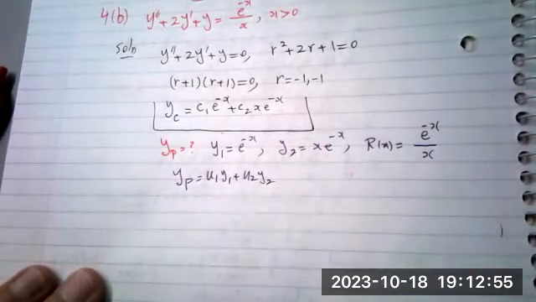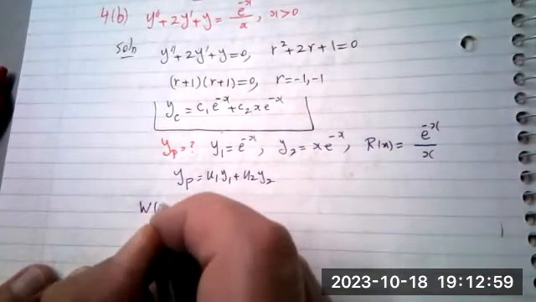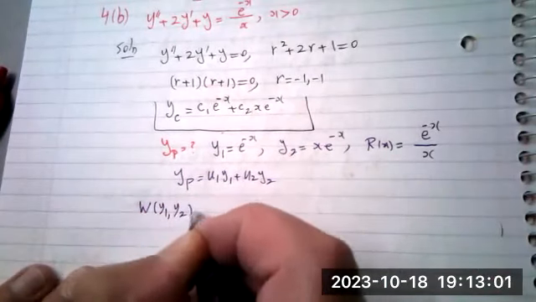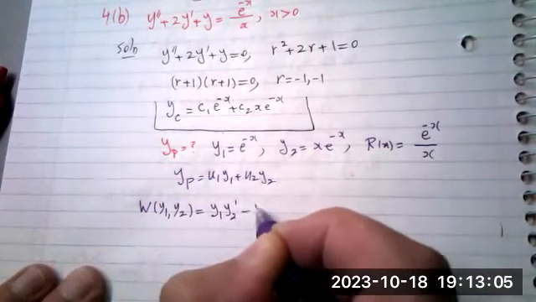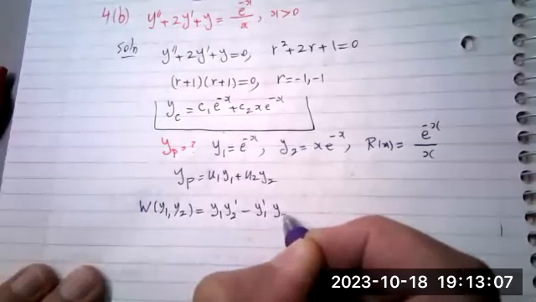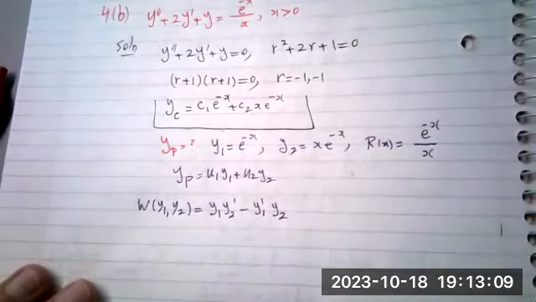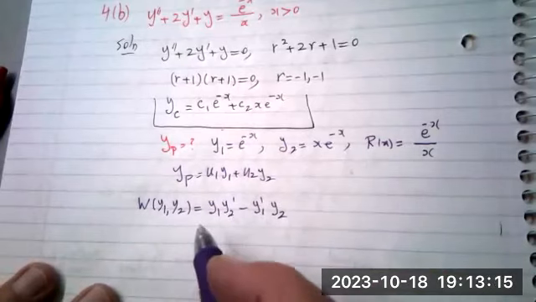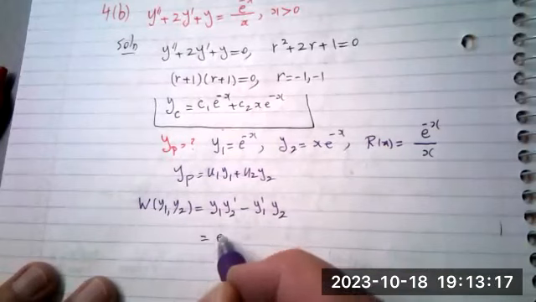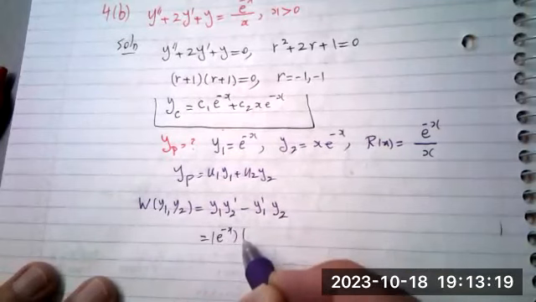Okay, so we have to find the Wronskian first. The Wronskian of y1, y2 is y1 y2 prime minus y1 prime y2. Substitute: y1 is e to the negative x, the other one is x e to the negative x. So it's e to the negative x for the y1.